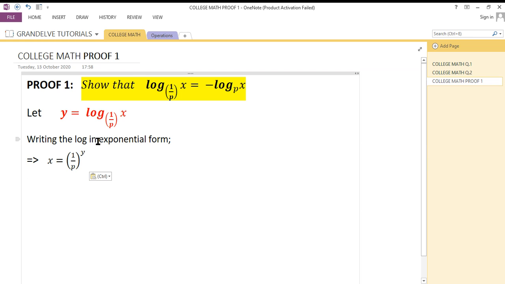That is, to write this log expression in exponential form, the base becomes the number and the subject of the equation becomes the exponent, as the log number x becomes the subject.